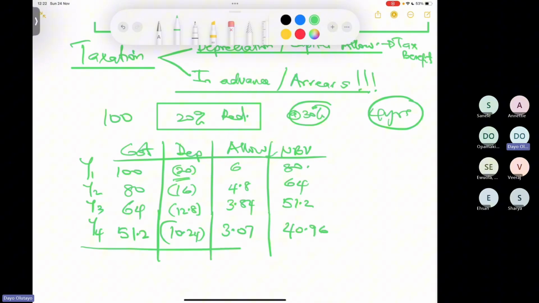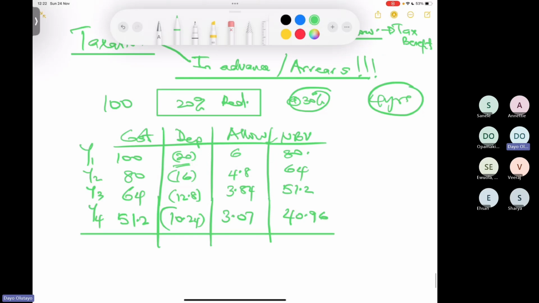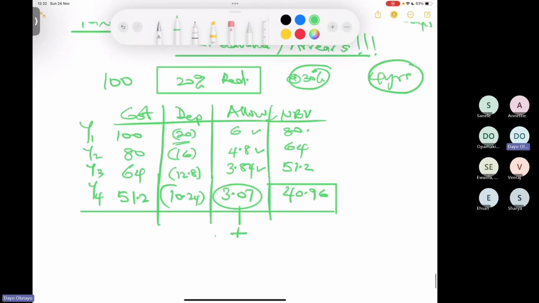Now you can see year 4 has ended, but you still have a net book value here. So at the end, yes, you have the year 1 benefit, year 2 benefit, year 3 allowance, but for year 4, this is not the only figure you will have. For this figure, you need to do the final closing plus your final closing allowance.